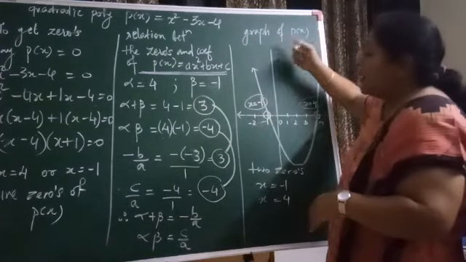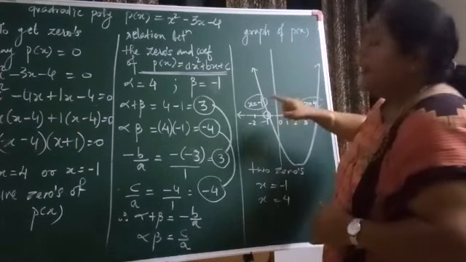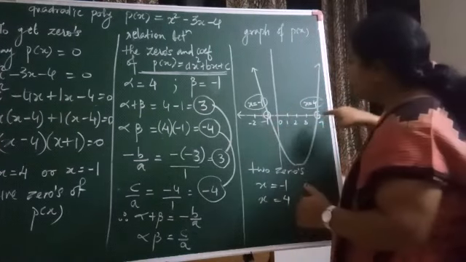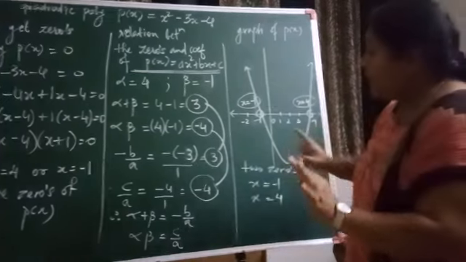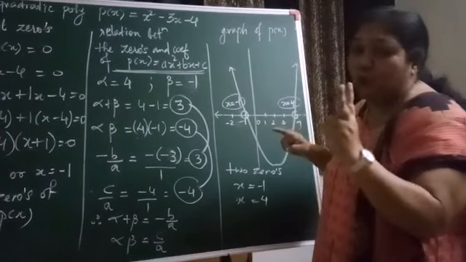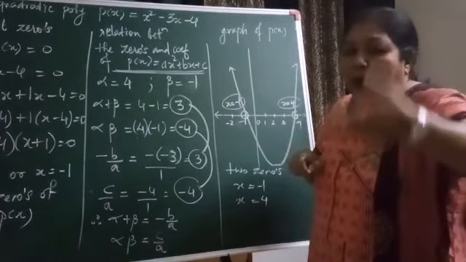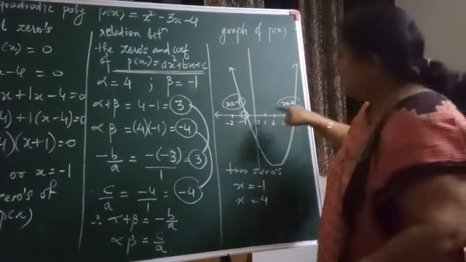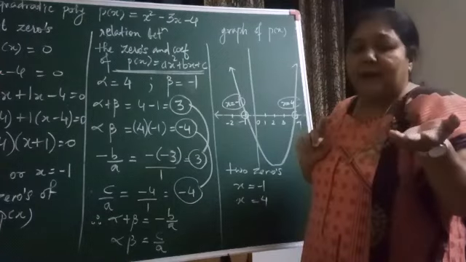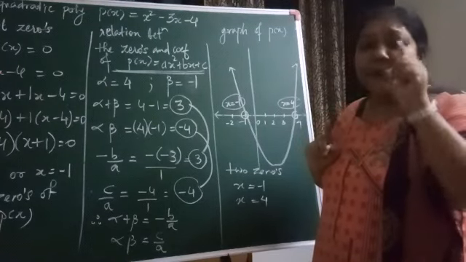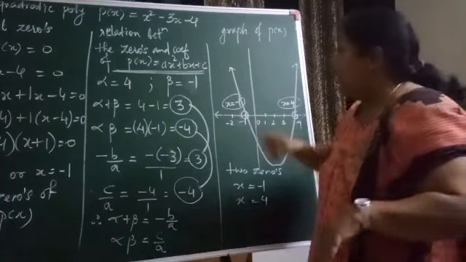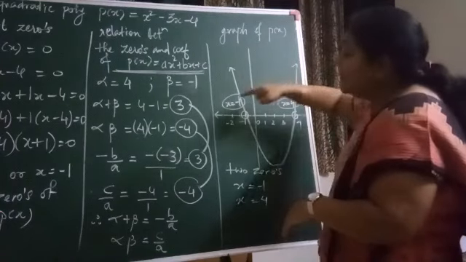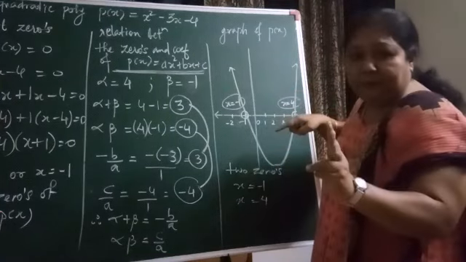Now this parabola what you have, now let us see where it intersects our x-axis. First of all, it intersects the x-axis in two places. जितनी बार intersect करेंगे उतने zeros मिलेंगे. तो here it is intersecting 2 times. पिछली बार आपने देखा था the line was intersecting 1 time, so you got 1 zero. Now the graph is intersecting at 2 different places.